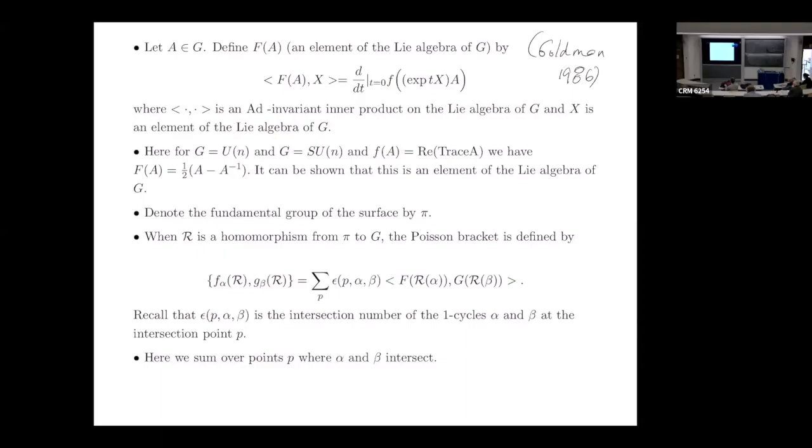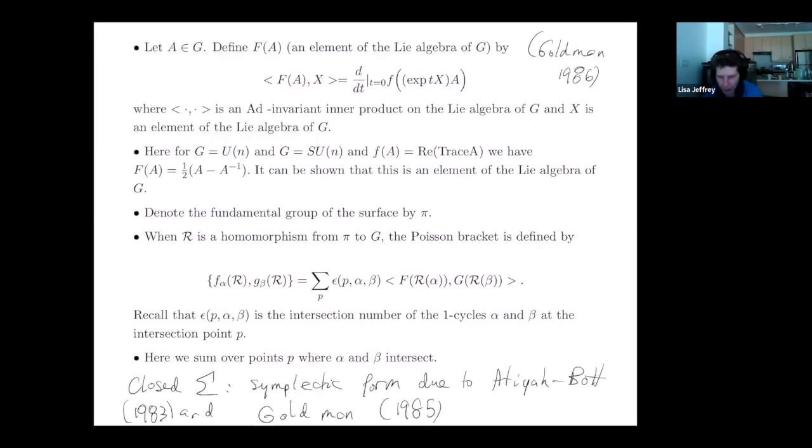Is this symplectic form unique? The symplectic form, for closed manifolds, as far as I know, the symplectic form on the character variety is unique up to multiplication by a constant.